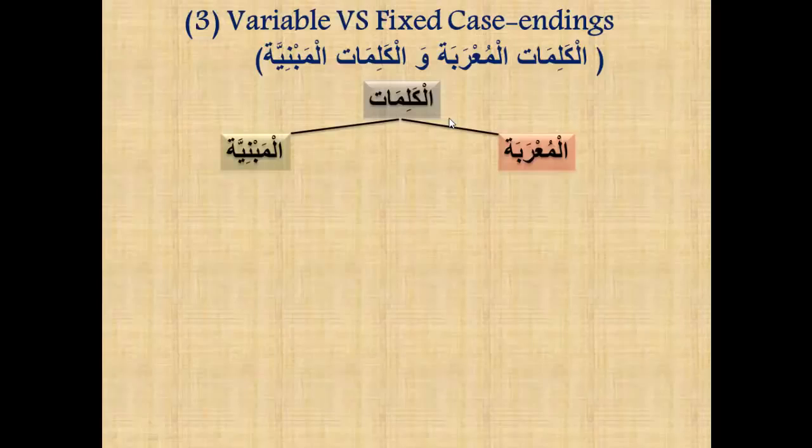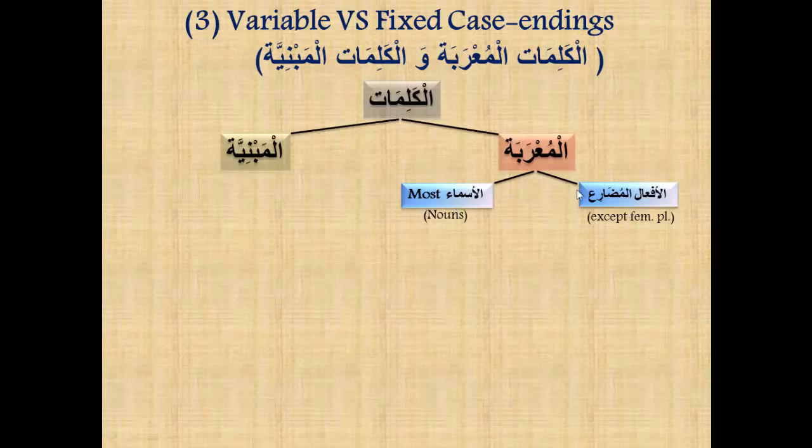Under al-mu'raba, we have two categories as well. We have al-af'al al-mudari', this is the present tense. And we have most asma. You can think of these as nouns. So most nouns, or most asma rather, all words in Arabic that we would consider nouns in English are mu'raba. They take variable case endings.